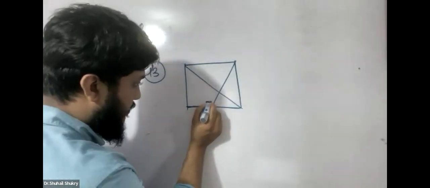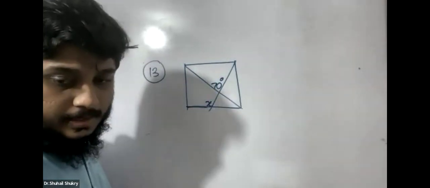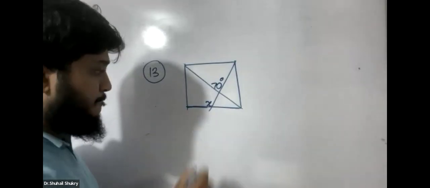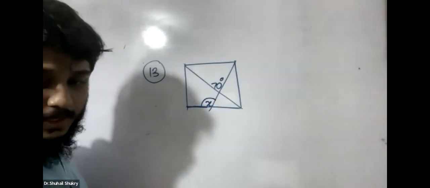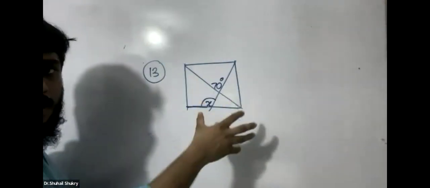This angle is x. This angle is 70. Again, this angle is x. They have asked to find this angle. They have told this is a square, and they have asked to find x. Find this.